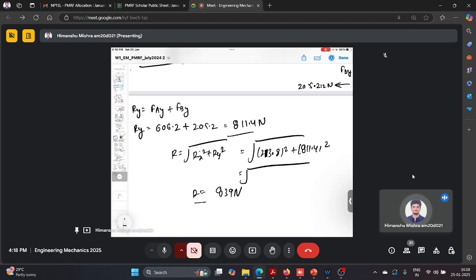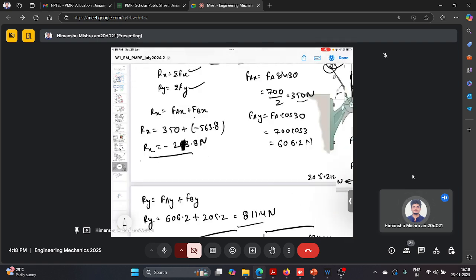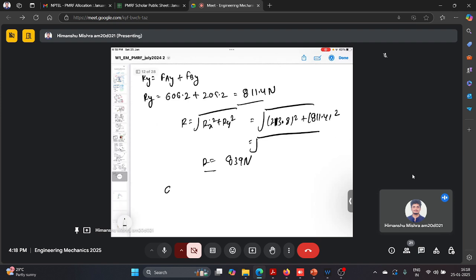So this is the magnitude of the resultant force, and to determine the angle at which it is acting, angle phi will be given by tan inverse Ry by Rx. So it will be tan inverse Ry is 811.4 and Rx is 213.8.